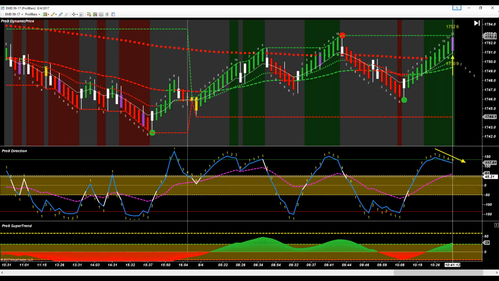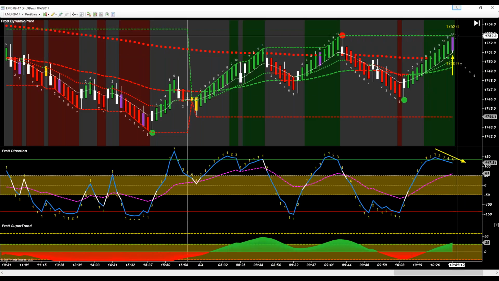But entering it as a breakout instead, when that is applicable, I like doing that because I've seen that pushing through the high, of course we can certainly push through the high of the day and still go a couple ticks and then reverse and hit our stop.